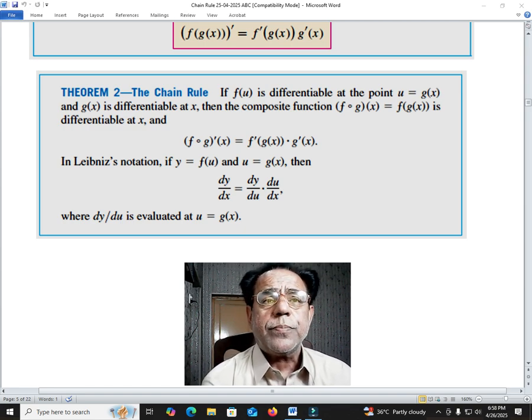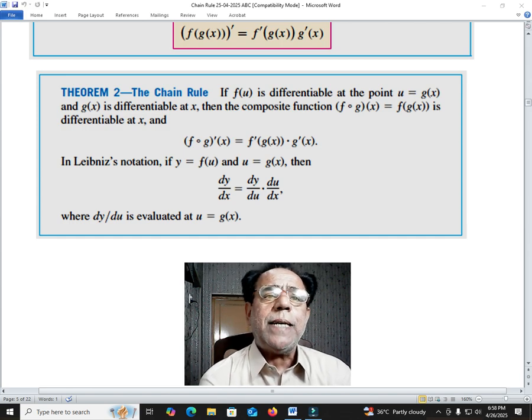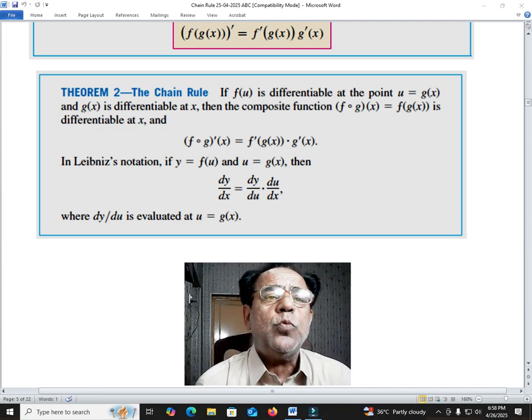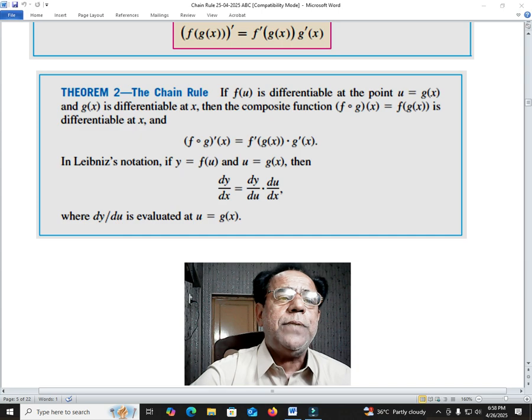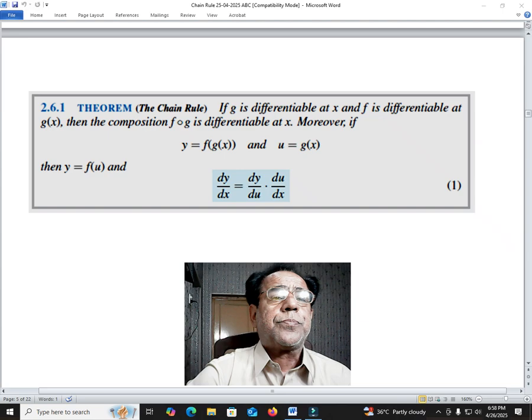That is, first differentiation of f(g(x)), then differentiation of g(x). In Leibniz notation, if y is equal to f(u) and u is equal to g(x), then dy/dx is equal to dy/du · du/dx, where dy/du is evaluated at u equal to g(x).